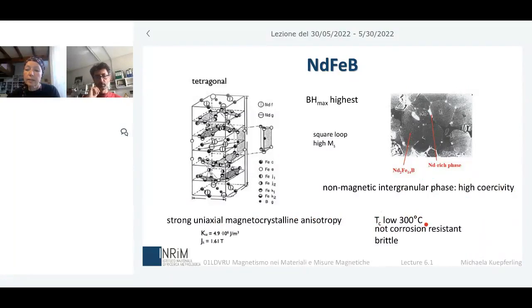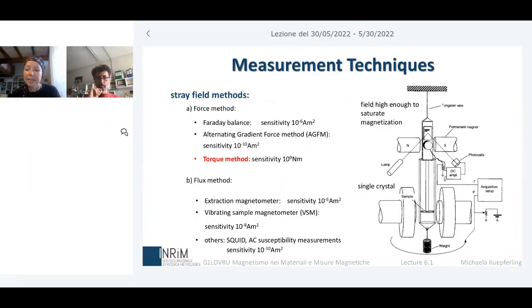It has as disadvantages a low TC, so you cannot use it at very, very high temperatures, because then MS, of course, will decrease very much. It's not corrosion resistant, and it's brittle. So if you ever played around with neodymium iron boron magnets, you will see they break very easily.